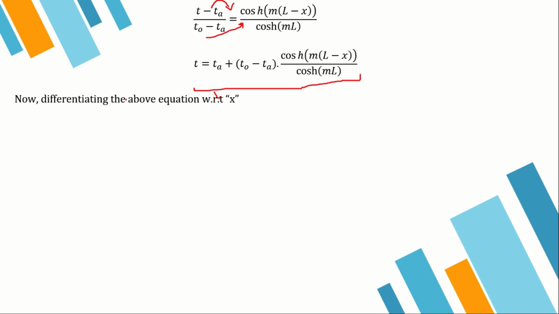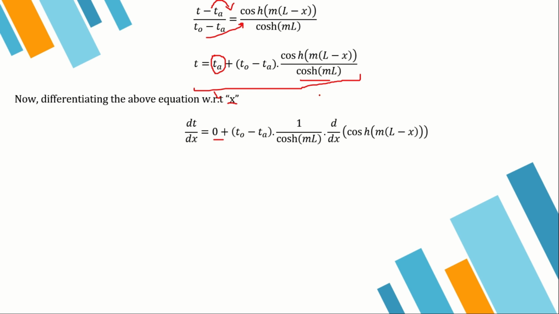Now we will be differentiating the above equation with respect to x. As we know that this is the ambient temperature, that is the atmospheric temperature, the differentiation of the atmospheric temperature with respect to x would be equal to 0. So dT by dx is equal to (T naught minus Ta).